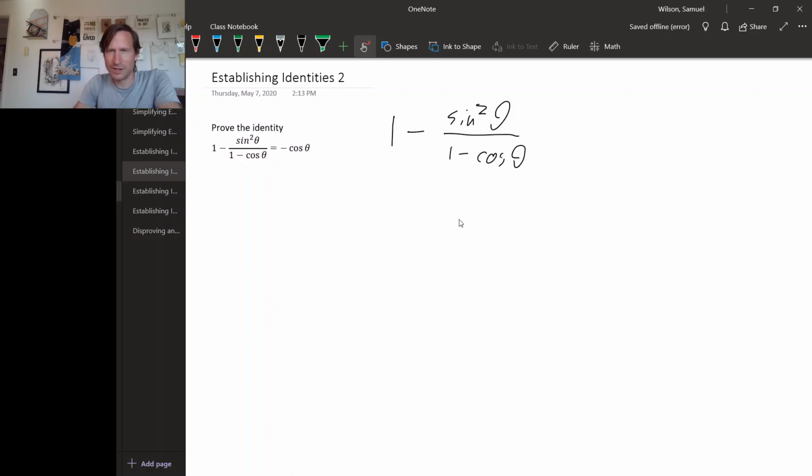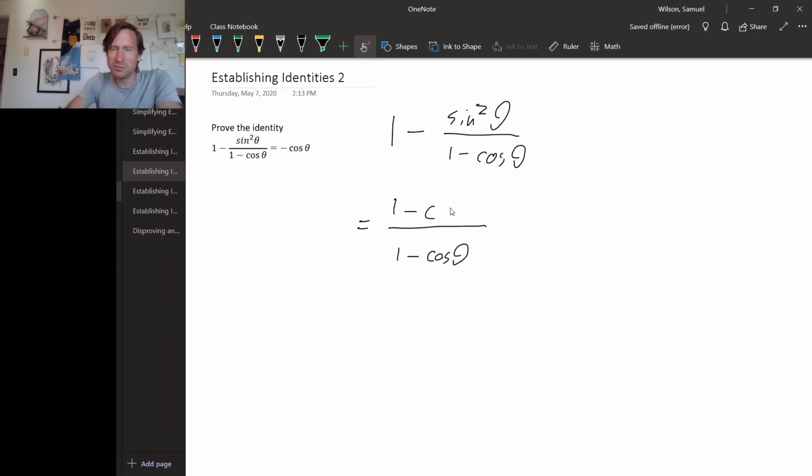So for this one, I don't know. This thing on the right is a fraction. So why don't we try to put this over a common denominator, 1 minus cosine theta.